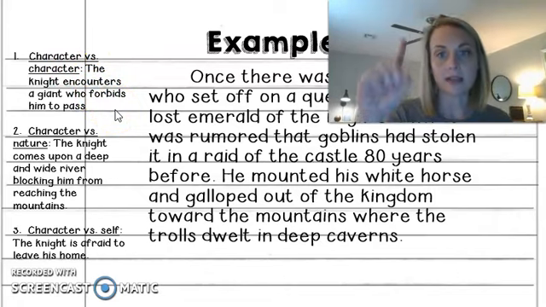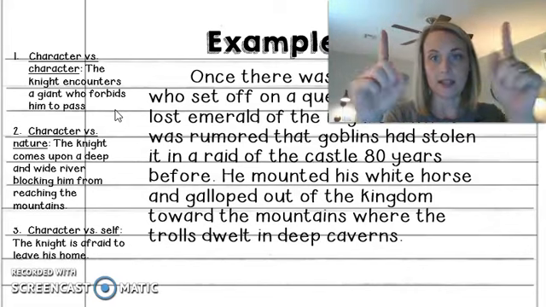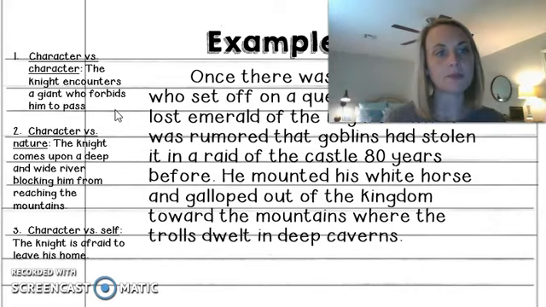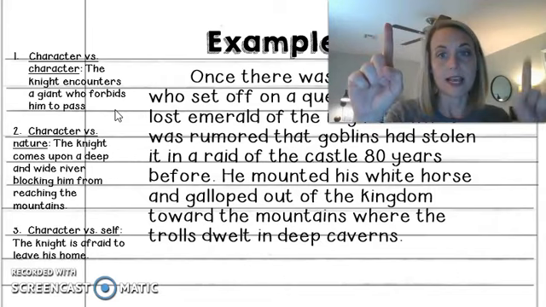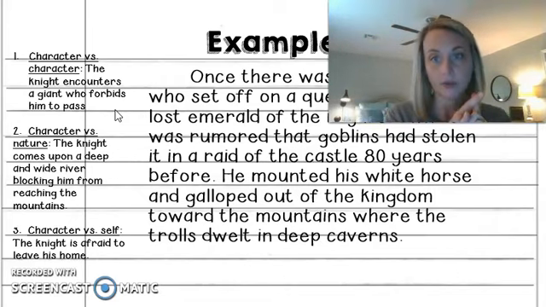So here we've got the knight and the giant, and they're in conflict. And then character versus nature. My example was, the knight comes upon a deep and wide river, blocking him from reaching the mountains. So we've got the character and nature, which is the river.